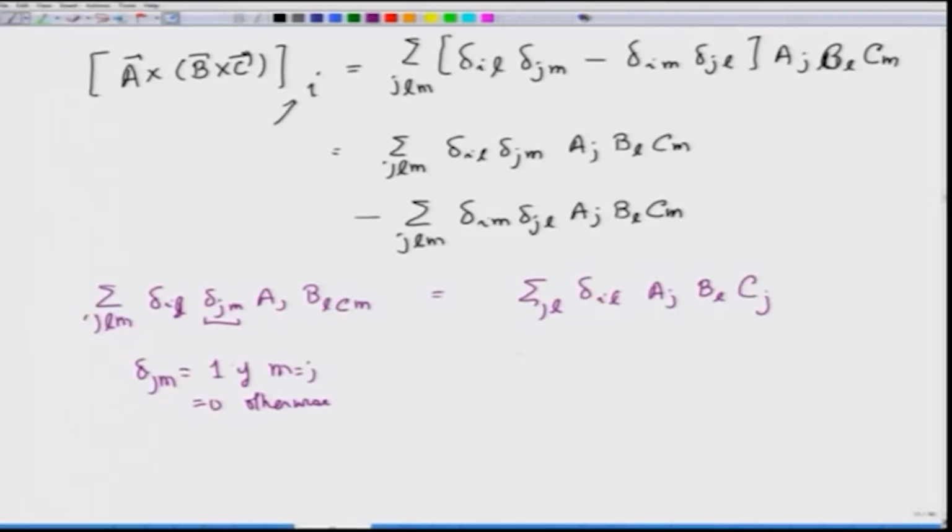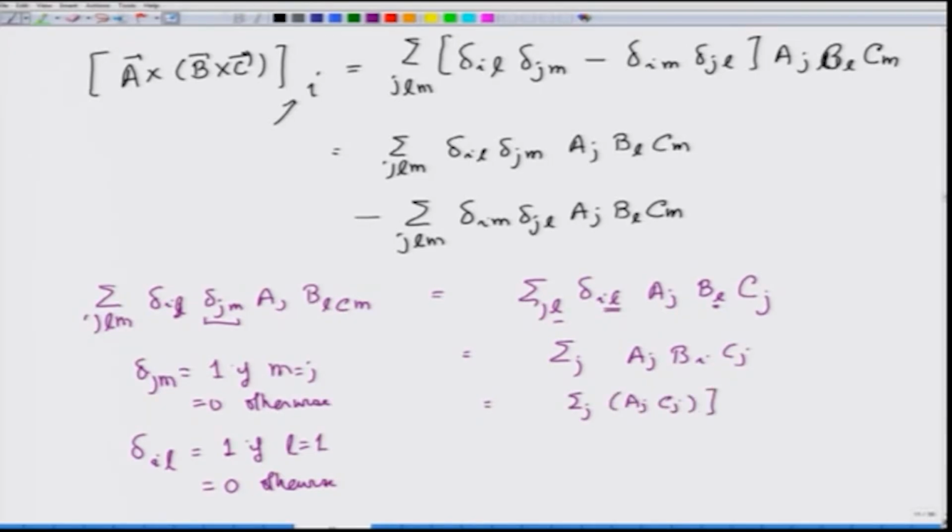Similarly, delta i l is equal to 1 if l equals i, 0 otherwise. So, I am going to sum over l, and summation over j, delta i l forces l to be equal to i. So, I get a j b i c j, which I can write as summation j a j c j b i.